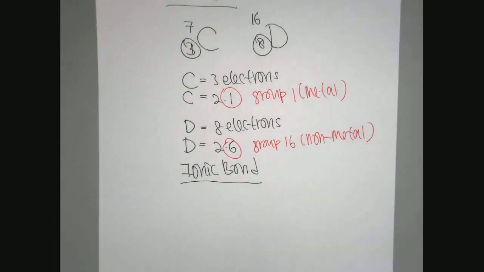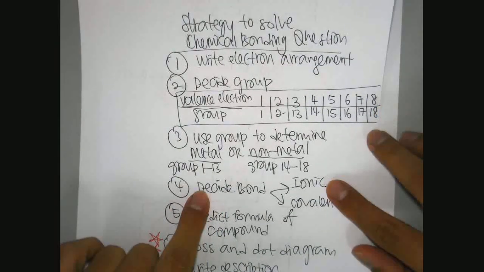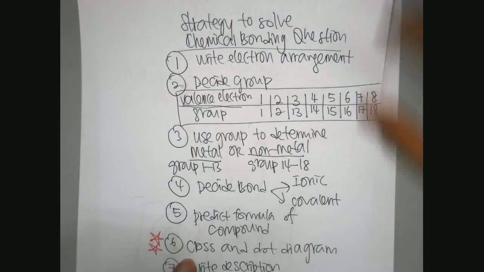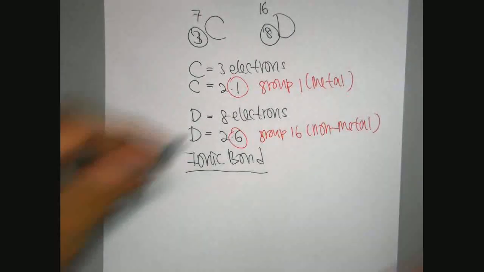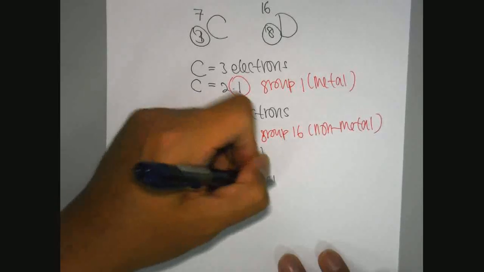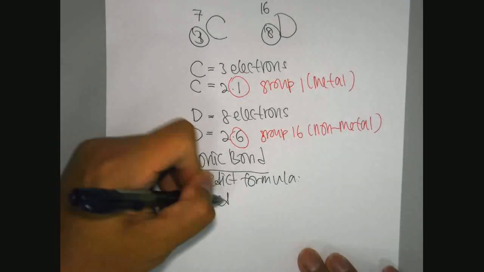So now we already know what bond it is. After we know the bond, we must predict the formula and draw the diagram. So let us predict the formula. As I said, if we want to predict the formula for an ionic compound, we need to know the charge.